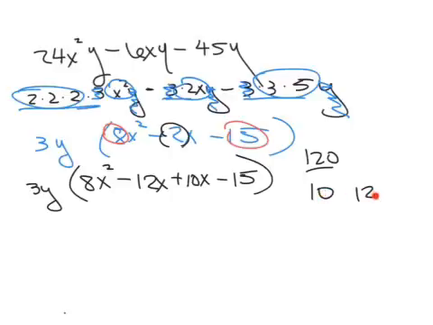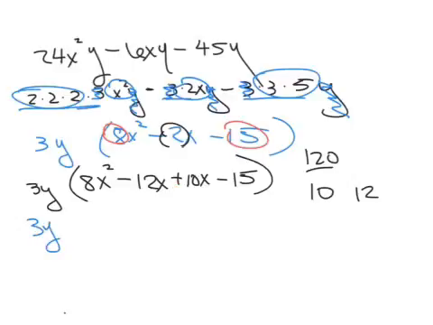I know that 10 times 12 is 120, and that there's a difference between the two that is 2, but I need to get a negative 2x. So if I make the 12 negative and I add a positive 10, I still get a negative answer because this is bigger. And I put my plus sign in the middle. I could have flipped them around. It could have been plus 10x minus 12x and gotten the negative 2x, and it would have worked. But if I can, I want that to be a plus.